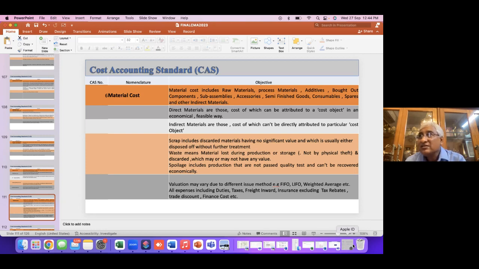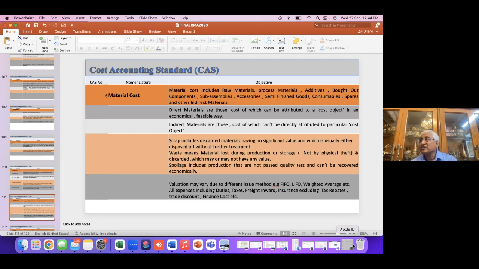In cement, with clinker, or for manufacturing clinker, additives are given, chemical additives, which is basically a binder, so it binds. That is additive. Bought out components could be in any industry, not only automobile, but this term is very frequently used in the automobile industry.